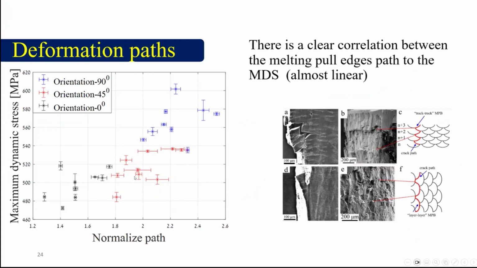So we have here a heuristic model that can show these results. And the reason for that is from an energetic point of view, because if the crack propagates along the melt pool boundaries, in the Z direction or the 90 degrees direction, it needs more deflection in order to propagate. So it has more way to overcome, and therefore we need more energy and therefore more stress.